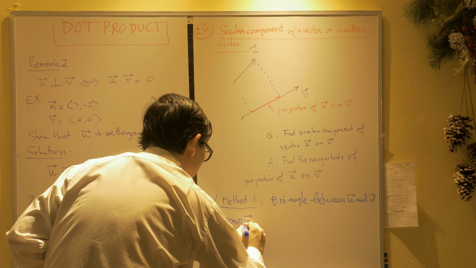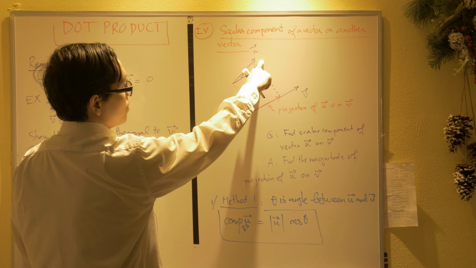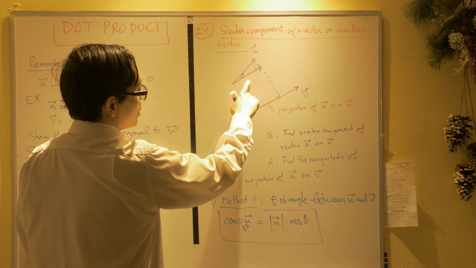You see that this is a right triangle. This is adjacent, this is opposite, and this is hypotenuse. To find the adjacent, you take cosine.